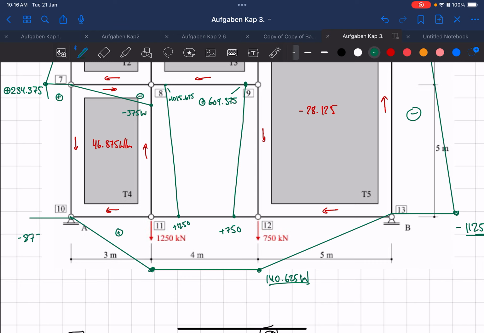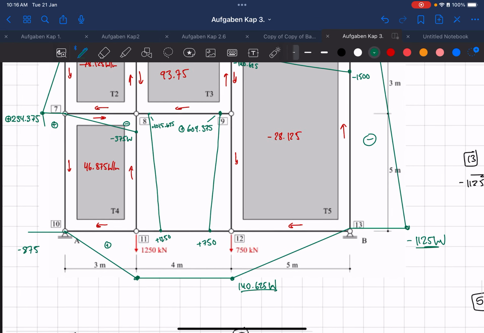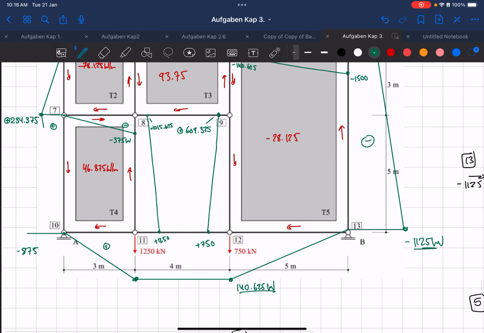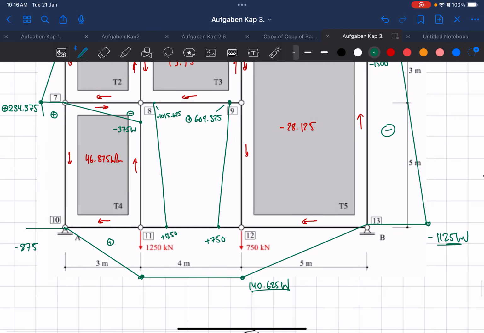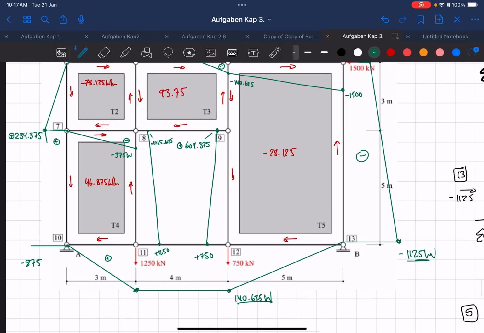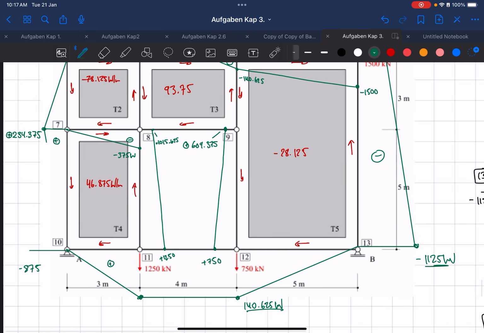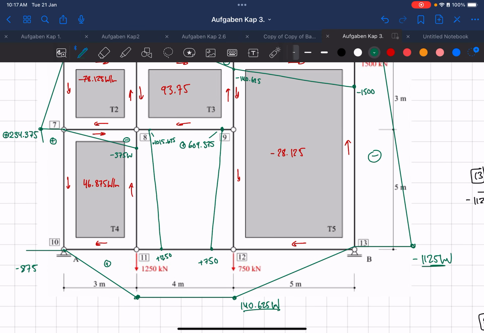Minus 875. Yeah, and that affects my top numbers as well. So minus 875 plus 46.875 times 5. So I get 640.625, minus 640.625.